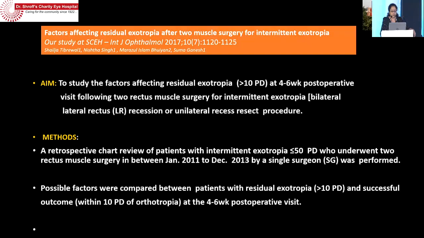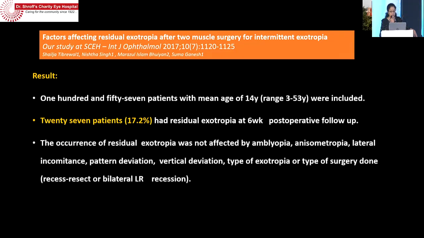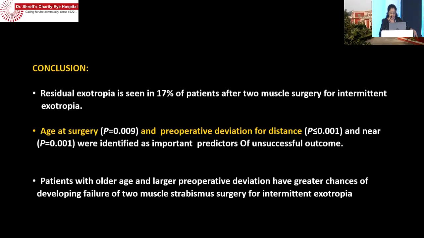It was done by a single surgeon, and we compared the factors between patients with residual exotropia of more than 10 prisms and successful outcome within 10 prisms after 4 to 6 post-operative visits. 27 patients, that is 17.2%, had residual exotropia at 6 weeks post-operative follow-up. And this was not affected by amblyopia, anisometropia, lateral incompetence, pattern deviation, vertical deviation, the type of exotropia or the type of surgery done.